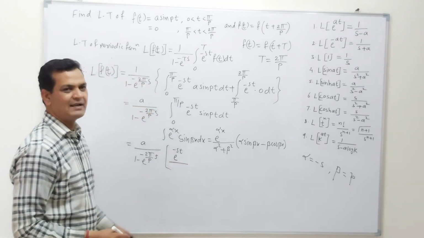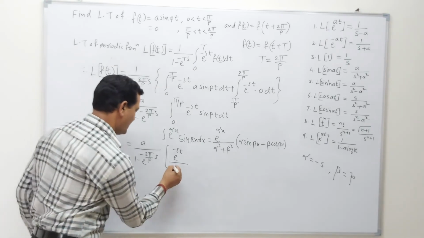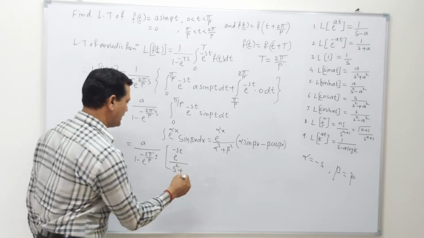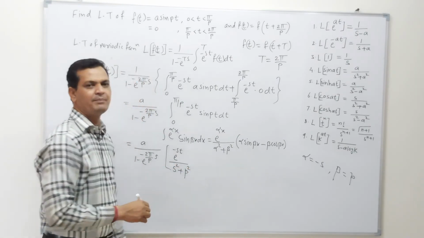Upon α square, that means minus s square, which is the same as s square, plus β square, that means p square.